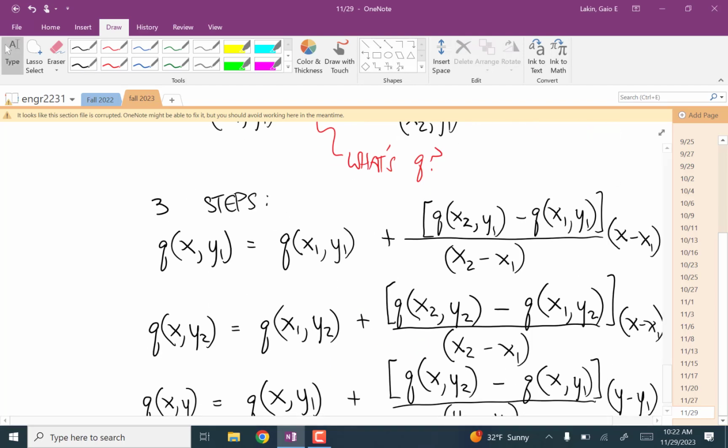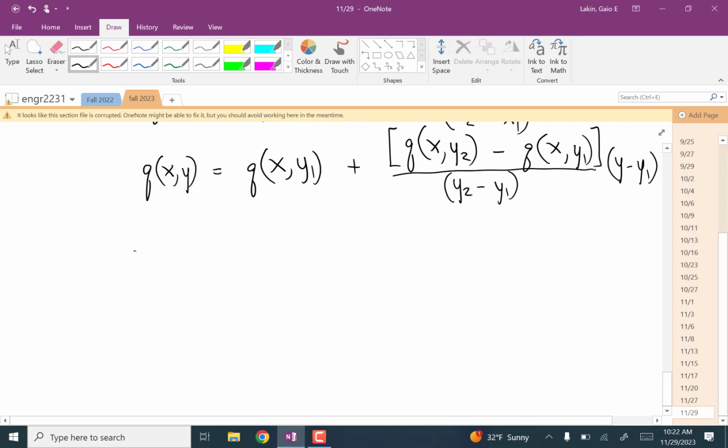The last thing is quality. Quality is defined as the mass in the vapor state divided by the total mass.